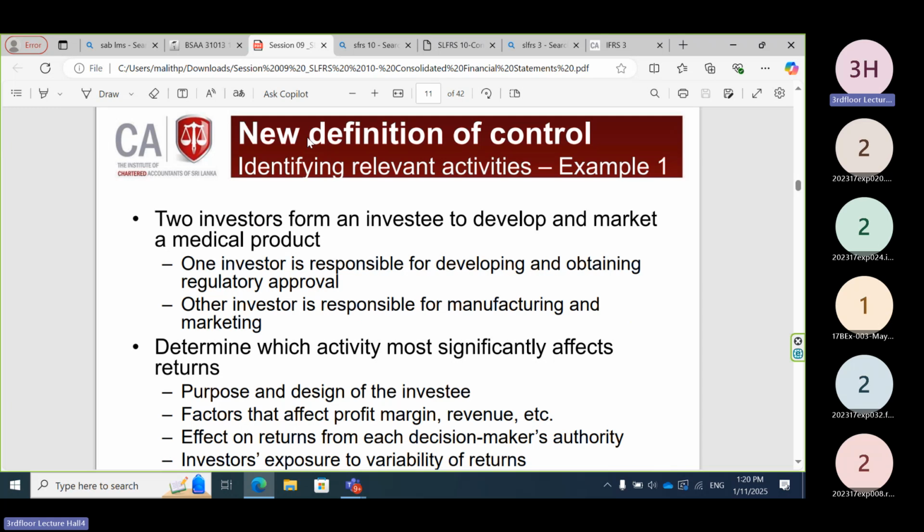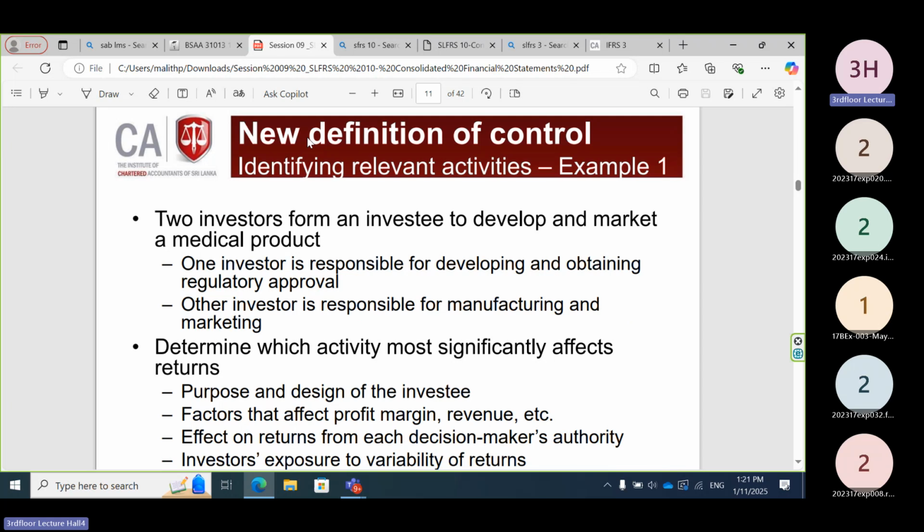So then here we have two activities. One relates to obtaining regulatory approval. The other is about manufacturing and marketing. Both are business activities, right? So then determine which activity most significantly affects the return.